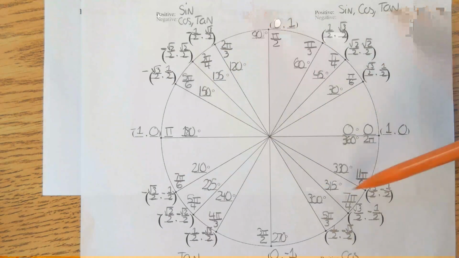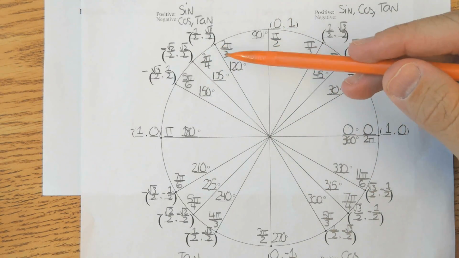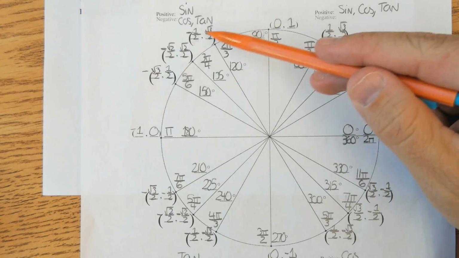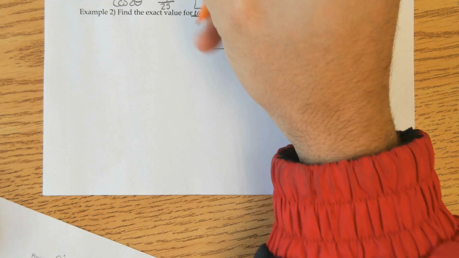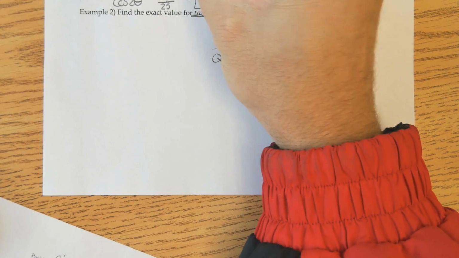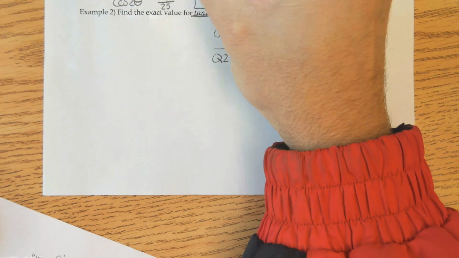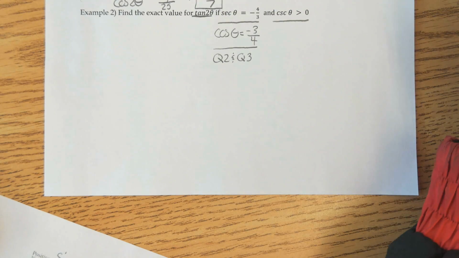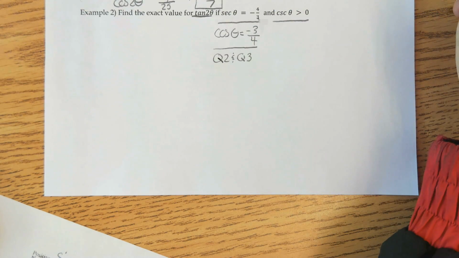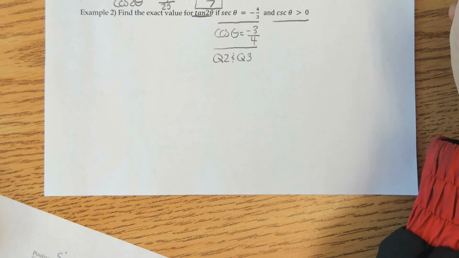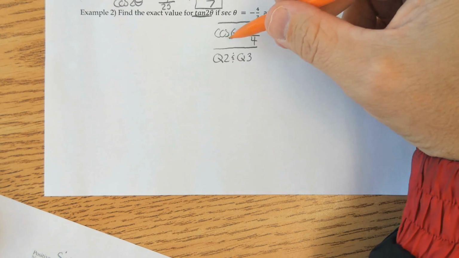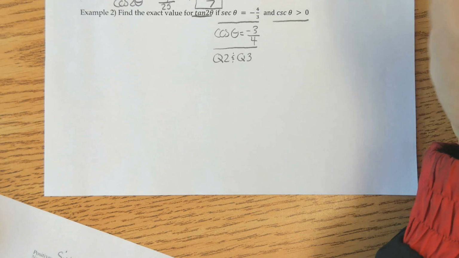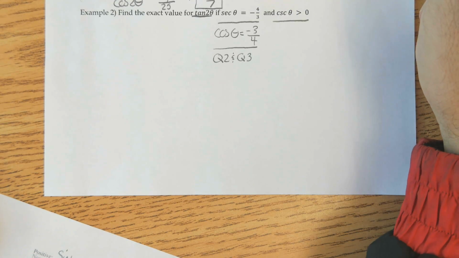And so out of the 4 quadrants here, where is cosine always negative? Well, look at all your x values here in quadrant 2. Look at all your x values here in quadrant 3. So cosine is going to be negative in quadrants 2 and 3. So we now know, and this is why we're given these, because we have to determine where our triangle is going to fall.